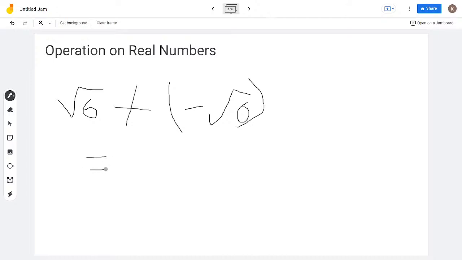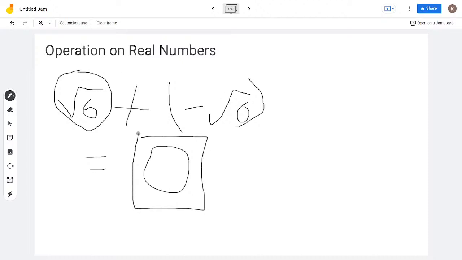What we will be getting is only a 0, because these two are the same numbers with opposite sign, and if we add these two numbers, we will definitely get a 0. So we can see from here that root 6 was an irrational number, but 0 is not an irrational number, right?